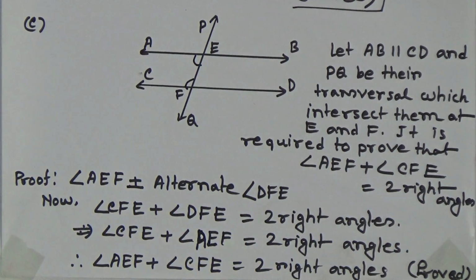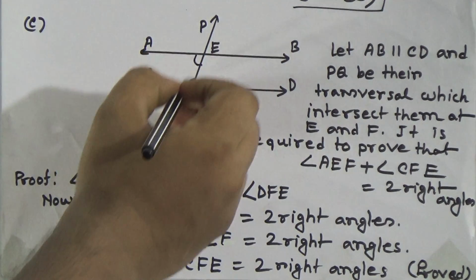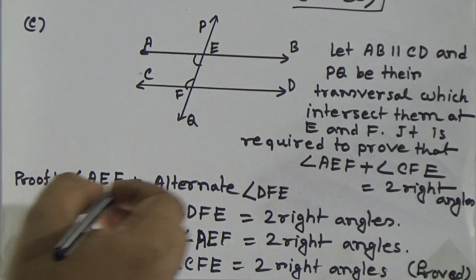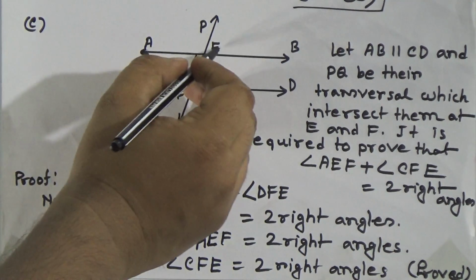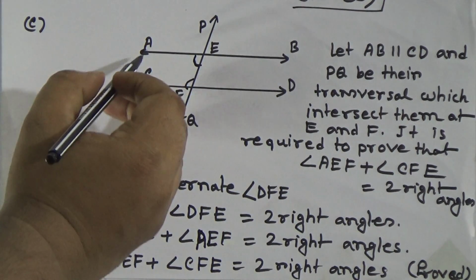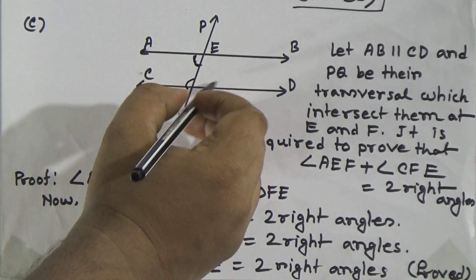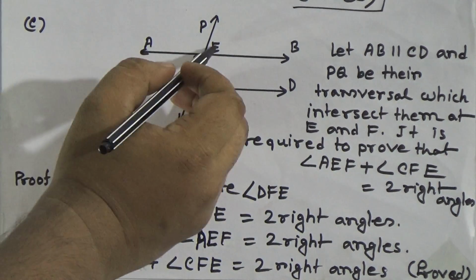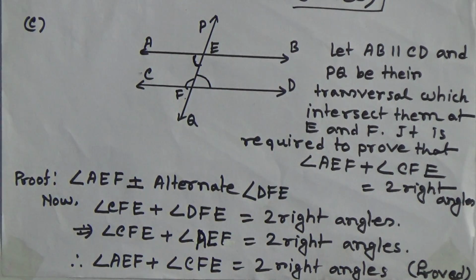Now proof. Dear student, notice angle AEF. What is the alternate angle of AEF? The alternate angle of AEF is DFE. We know that alternate angles are equal to each other.